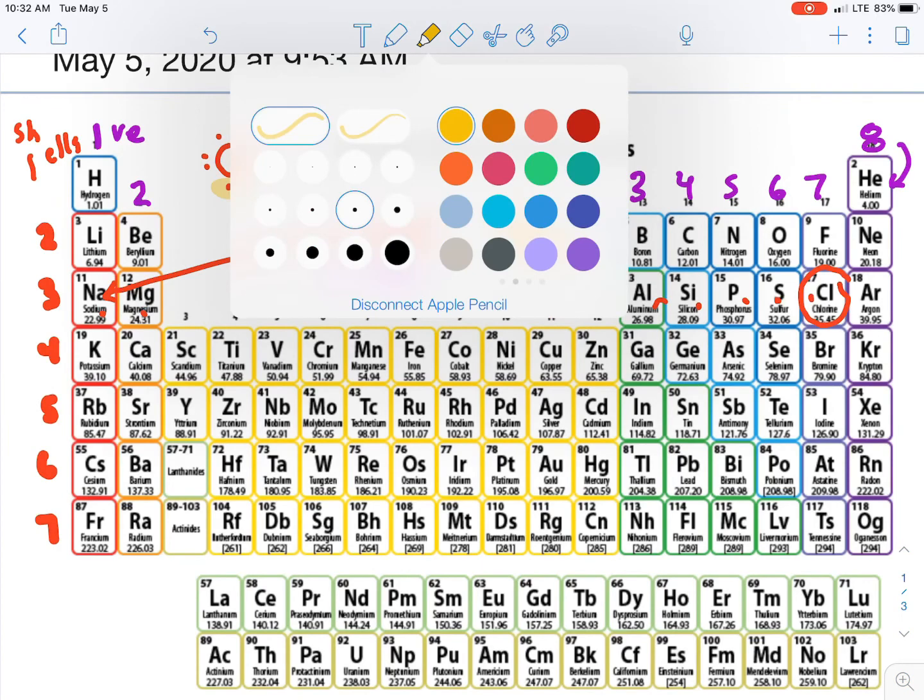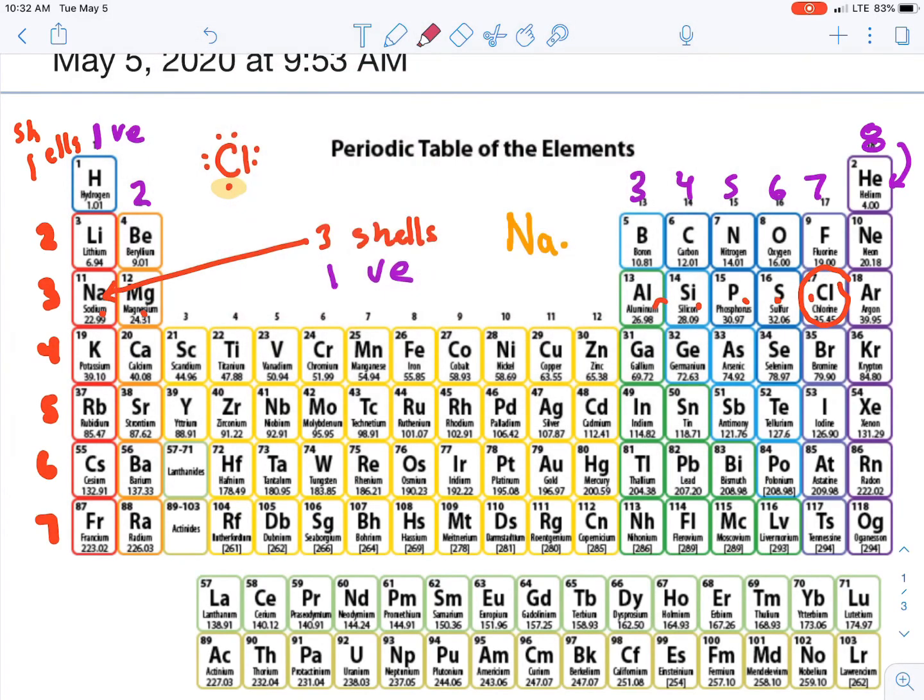So if sodium wants to get to 8, is it going to add 7? You know that's not going to be the answer, right? Or lose 1? Do it the easy way.